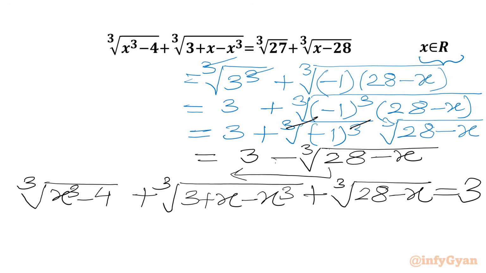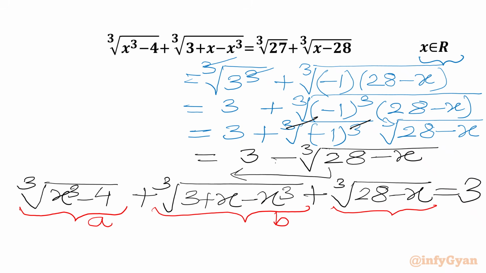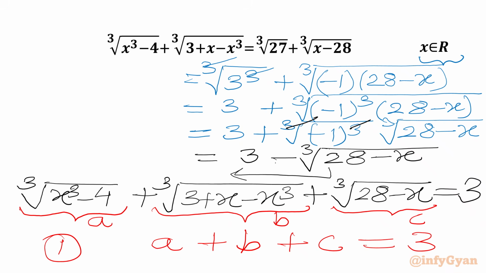Now we'll be using substitutions. Let's say first cube root equal to a, second cube root equal to b, third cube root equal to c. So we can write our first equation: a plus b plus c equal to 3.